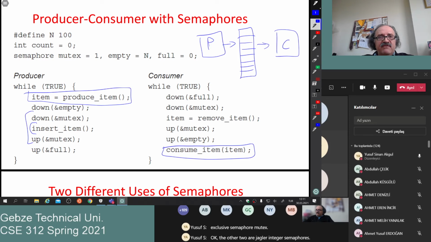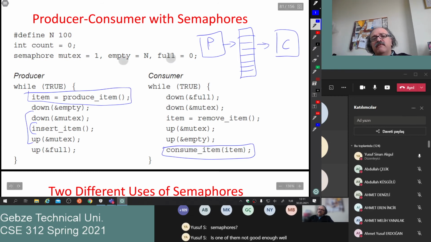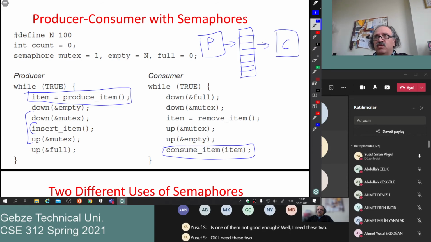Some of you might ask, why did we need to use 3 semaphores? Is one of them not good enough? Well, I need these two to make a decision if the buffer is available to write, if the buffer is available to read.